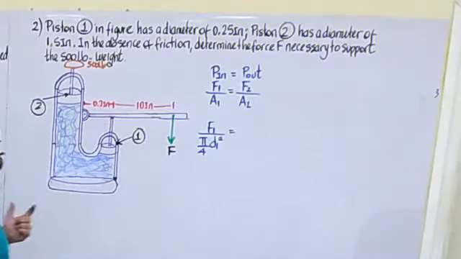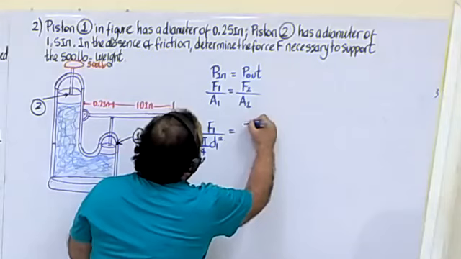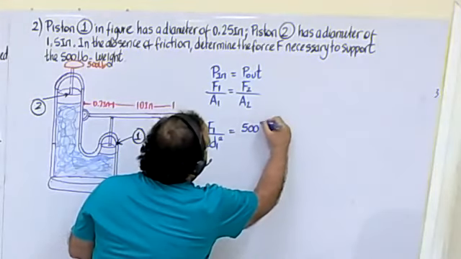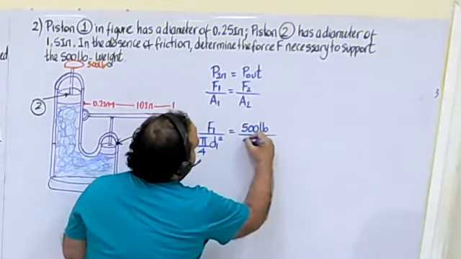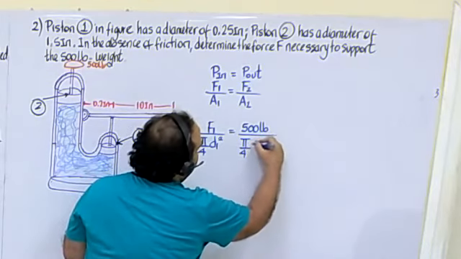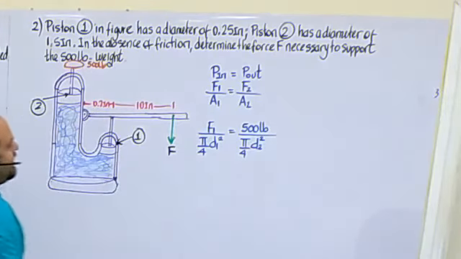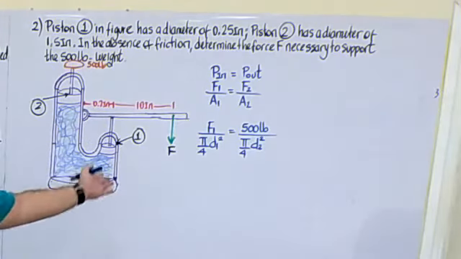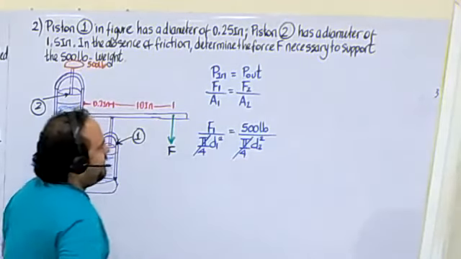We know the value of force number two. Of course, it is the load, which in this situation is 500 pounds, divided by area number two, which is pi over 4 times diameter 2 to the second power. If we solve for force number one, this quantity when passed over to multiply can perfectly cancel the pi over 4.